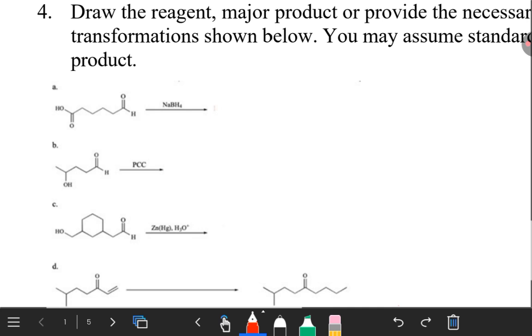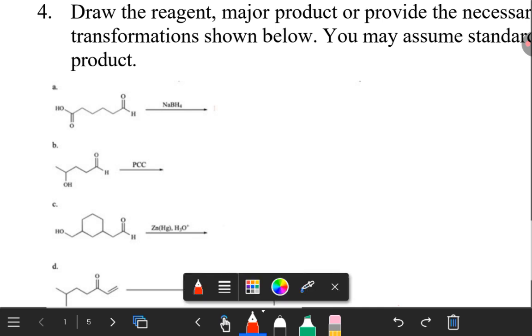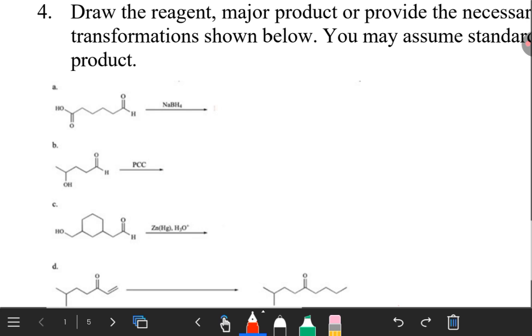Sodium borohydride, one thing we must know about this one is that it is a good reducing agent.